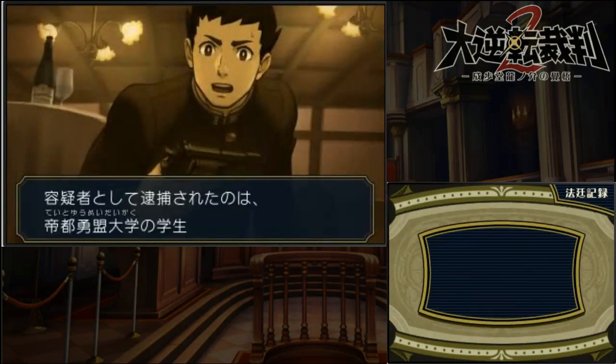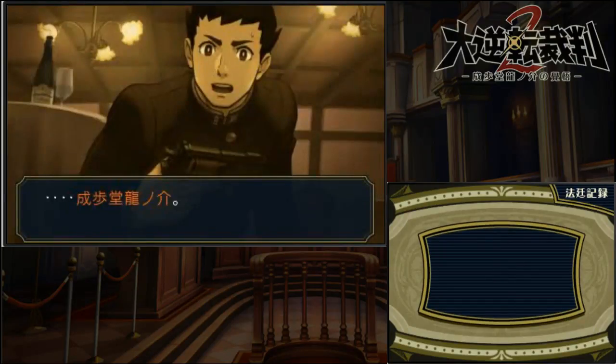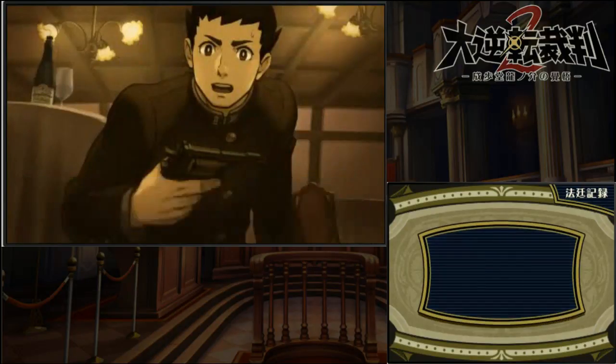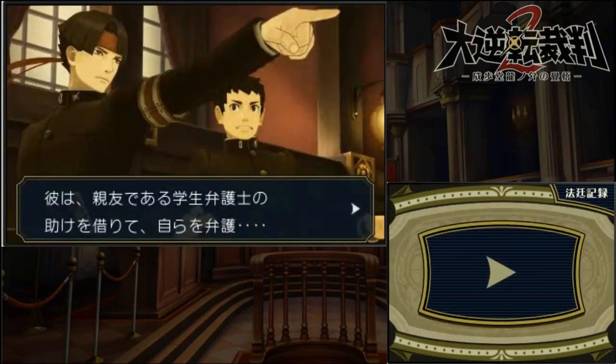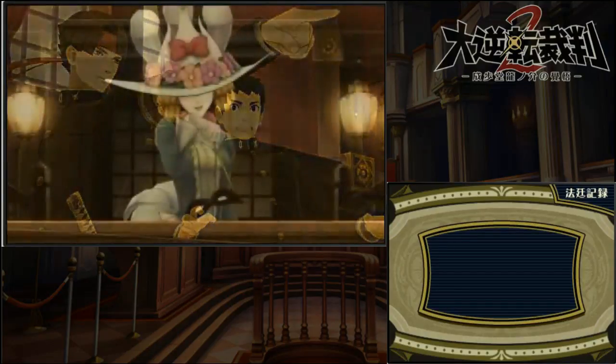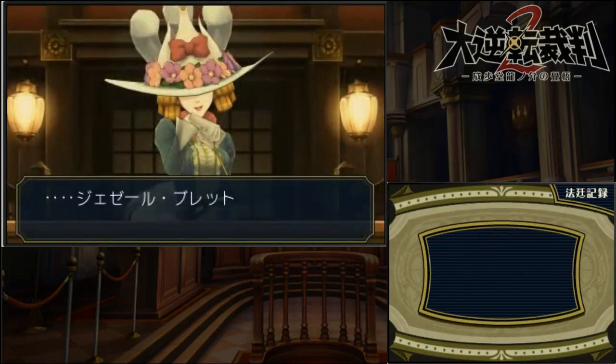The one arrested on suspicions of murder was a student from Yume University, Naruhodo Ryunosuke, a second year in the English department. With the help of his best friend, who was a student attorney, he defended himself and brought Giselle Bullett's despicable actions to light.